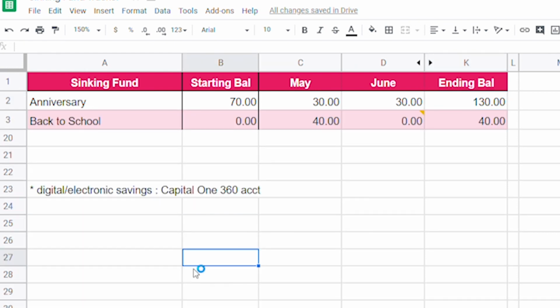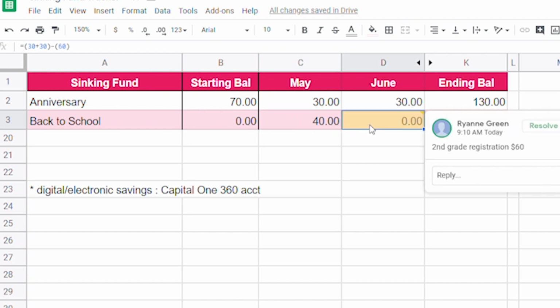My second sinking fund category is back to school. When I started this at the end of April, I did not have this particular category yet, so my starting balance was $0. In May, I put in $20 for paycheck 1 and $20 for paycheck 2, for a total of $40. And then in June, this is where you'll see some activity.